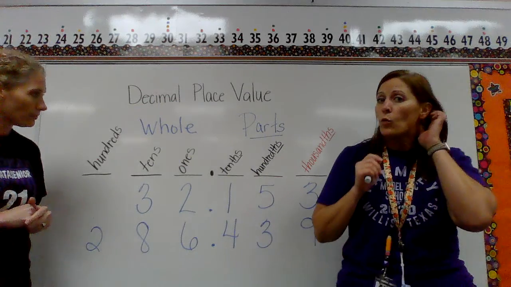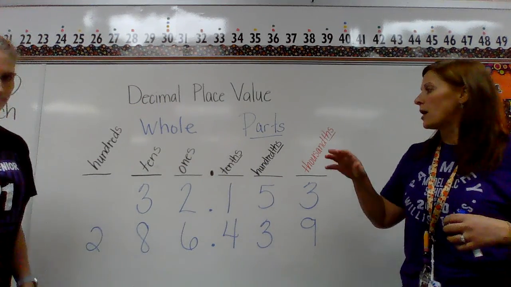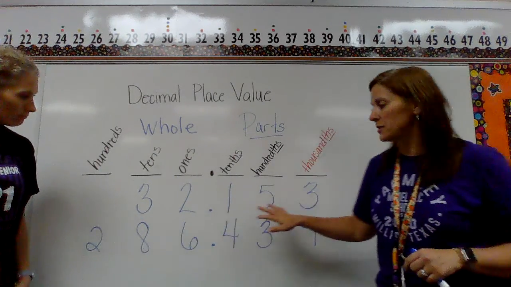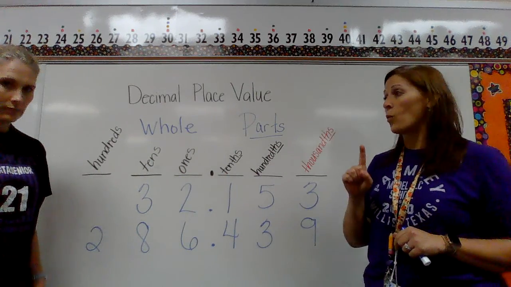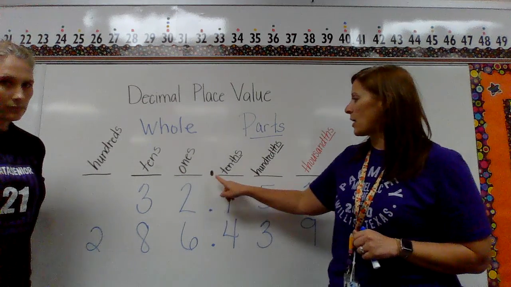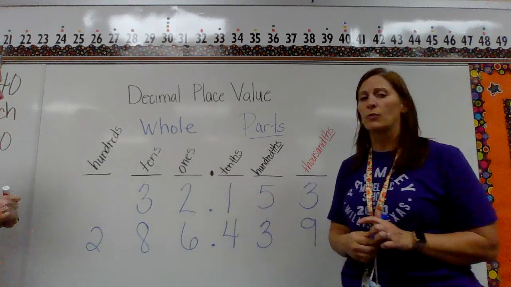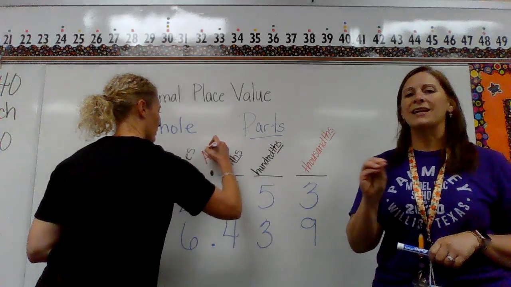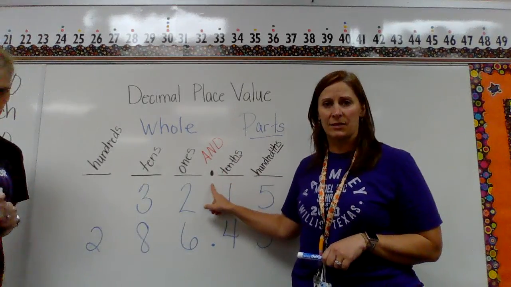All right, guys, so what we want to do is make sure that we can at least read these numbers through the thousandths place. So we've put a couple of numbers up here, and one of the most important things I want you to understand is that we have to read this decimal right here. And when we read this decimal, we say "and," okay? There should not be any other "and" in your number except for when you get to that decimal.